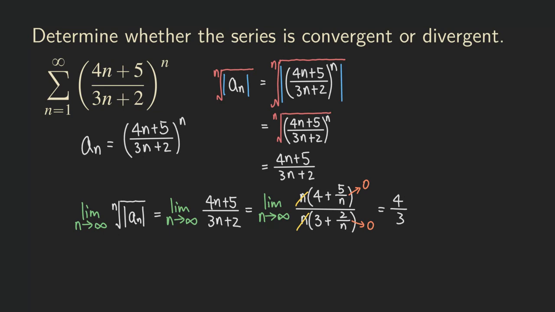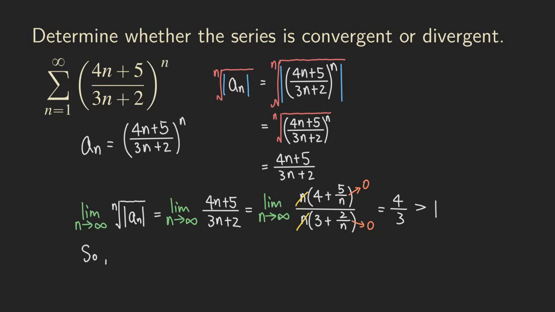And according to the root test, if this limit is greater than 1, is it greater than 1? Yes, it is, right? 4 over 3 is greater than 1. Then by the root test, what happens? Then the series diverges.